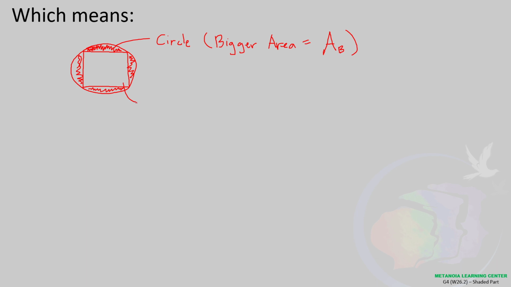And of course, obviously the square refers to the smaller area, or a small s. Okay. So that is how you should identify. As long as you are able to know which figure is the bigger area and which figure is the smaller area, that's step 1. This will basically help you solve for the shaded part.